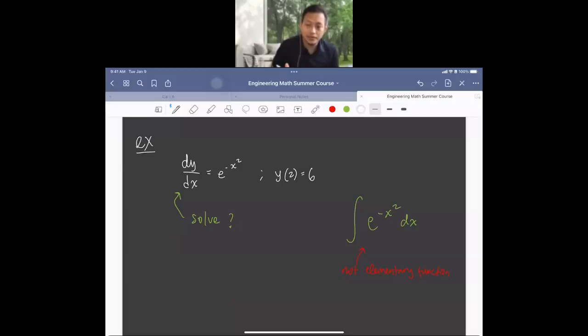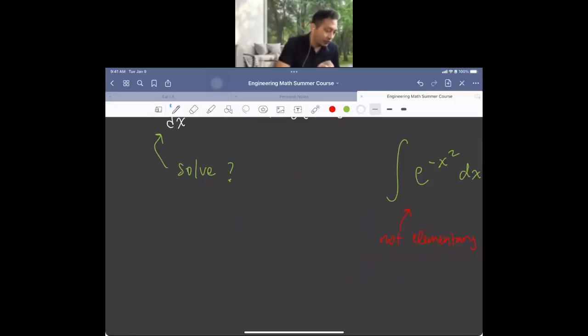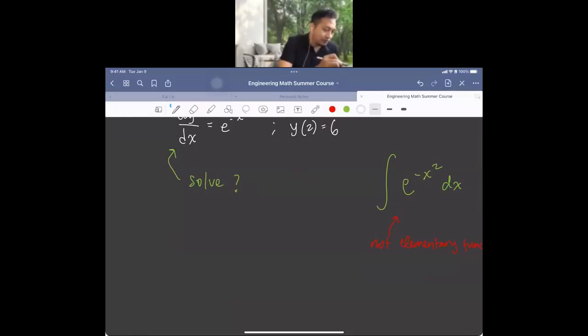Now, we use the fundamental theorem of calculus, which has another variable to help. Let's use t as a dummy variable to help integrate this.